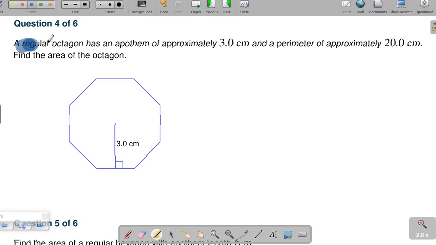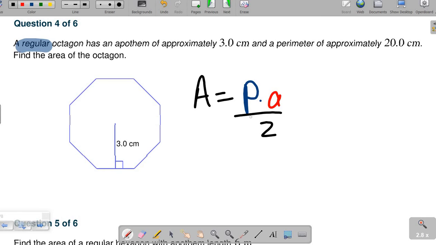A regular octagon, again, see that word regular. That means we can use this equation: perimeter times apothem over 2. It has an apothem of 3 centimeters and a perimeter of 20. Find the area. Notice it doesn't give you the side length, but it does give you the perimeter.